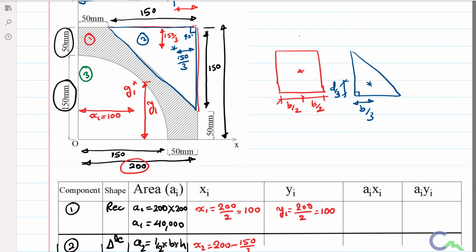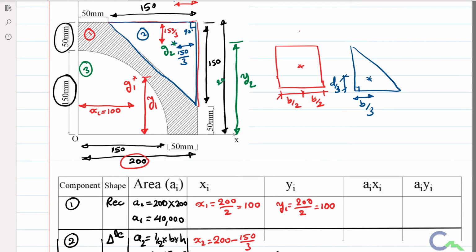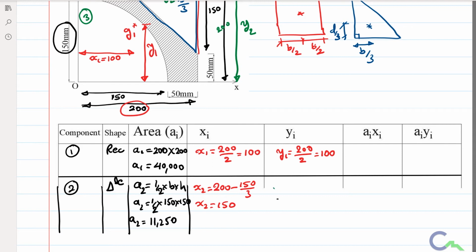Similarly y2 from the OX reference axis, the centroid of the second figure, this is G2. Therefore y2 will be 200 minus 150 divided by 3. If I do the calculation, y2 we will get 150 mm.